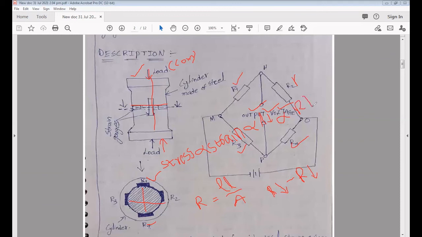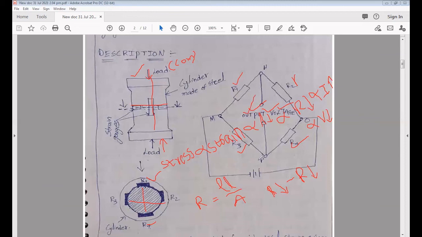It means the R1 and R4 resistances will decrease here. When the resistance decreases, the flow of current will increase. According to the flow of current increasing, the voltage will decrease. That voltage is measured by the meter here.